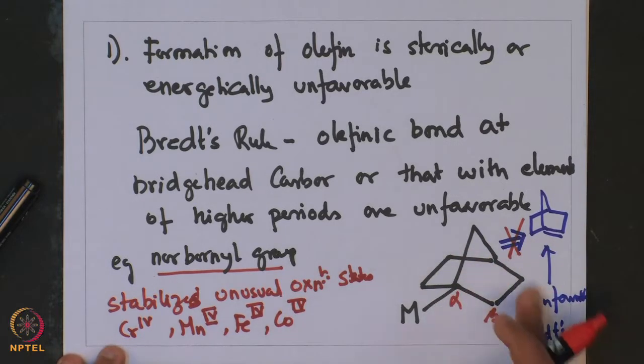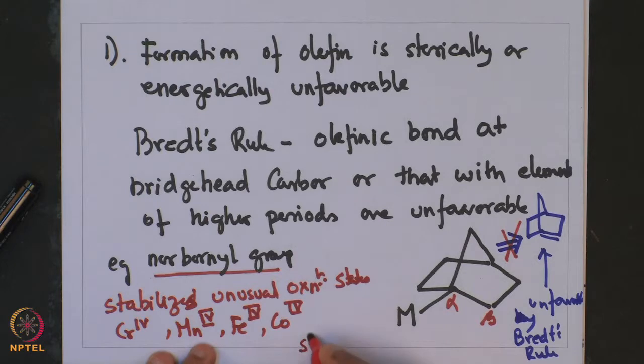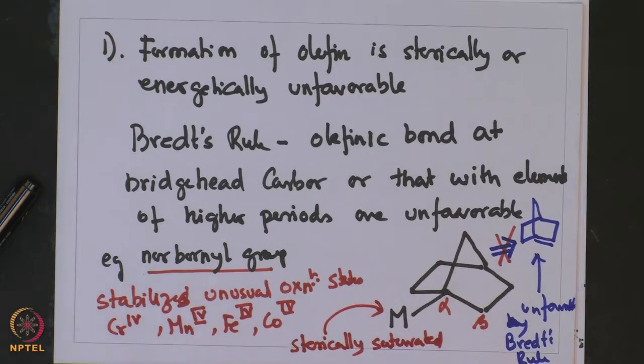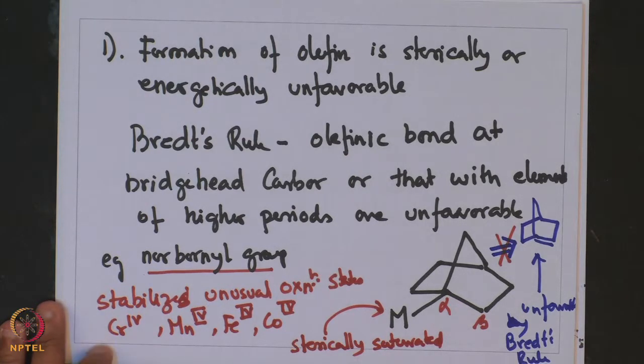And norbornyl being very big in size, it also makes the metal center sterically saturated. Hence we see that successful utilization of the first strategy, making the formation of the olefinic bond unstable, leads to transition metal sigma-alkyl complexes having very high, unusual oxidation states, which otherwise are extremely difficult to stabilize.